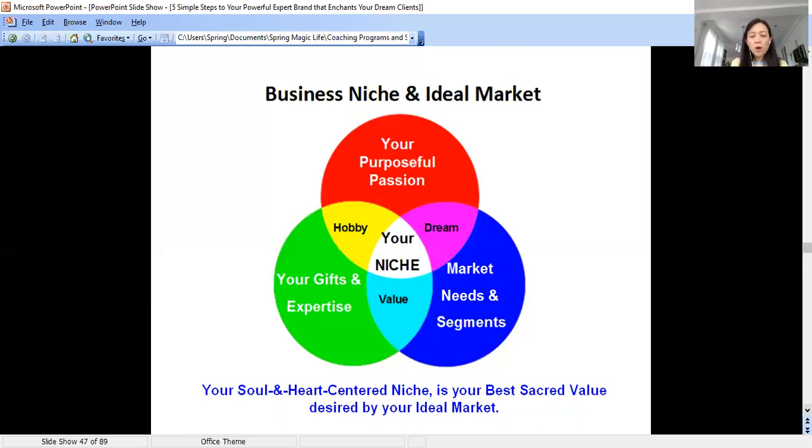Your soul and heart-centered niche is the core of the three overlapping circles: your purposeful passion, your gifts and expertise, and your ideal market and their compelling needs. Here in the triple overlapped core, you get your niche. Your soul and heart-centered niche is your best secret value desired by your ideal market.